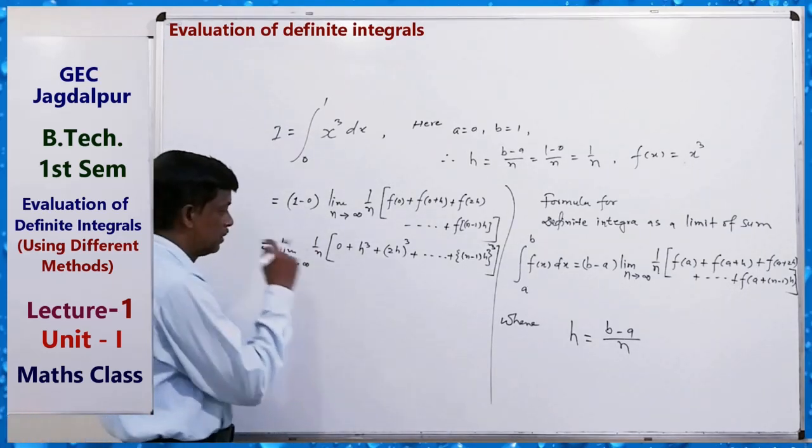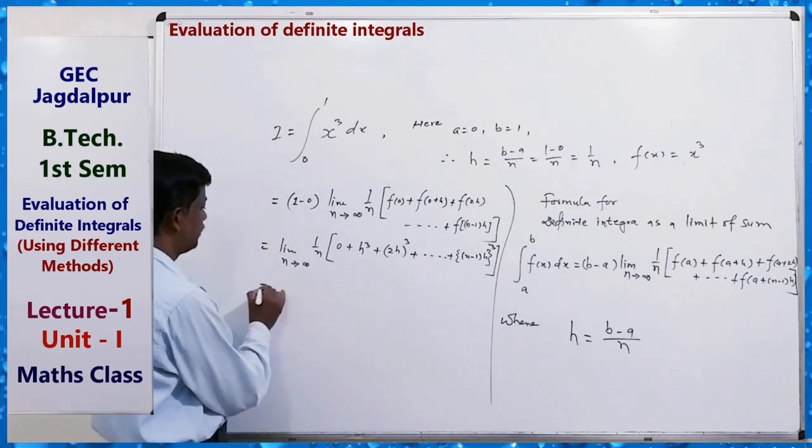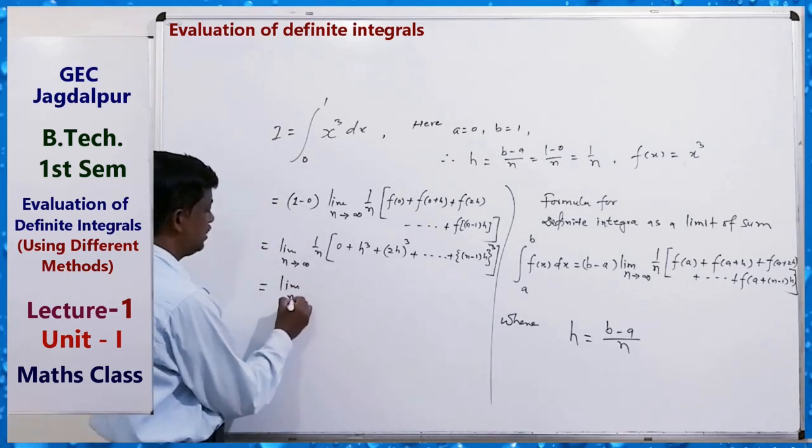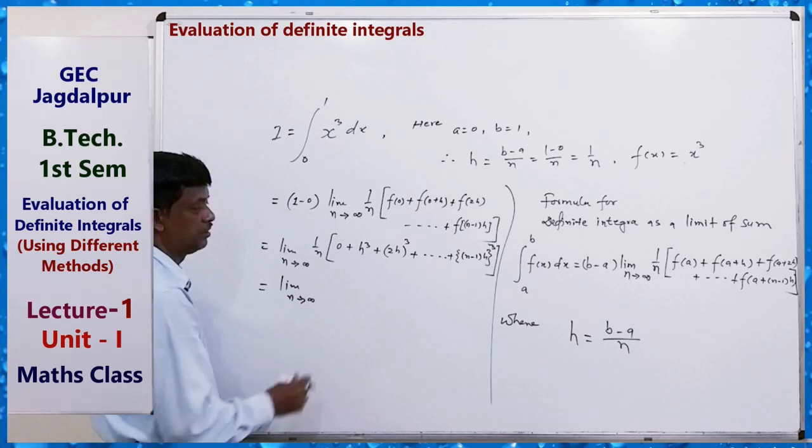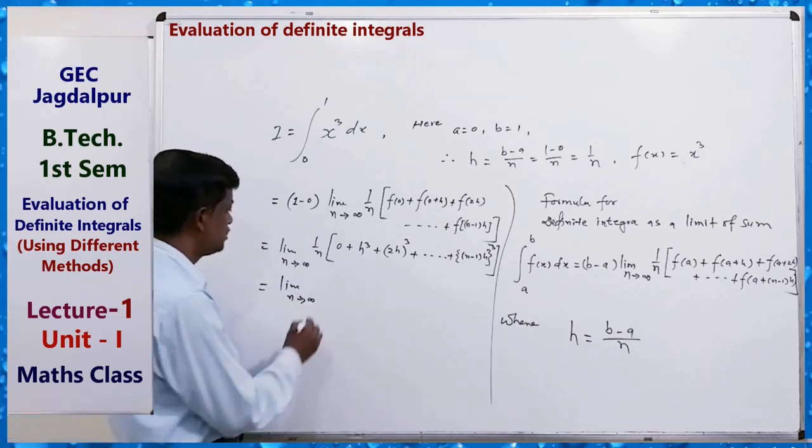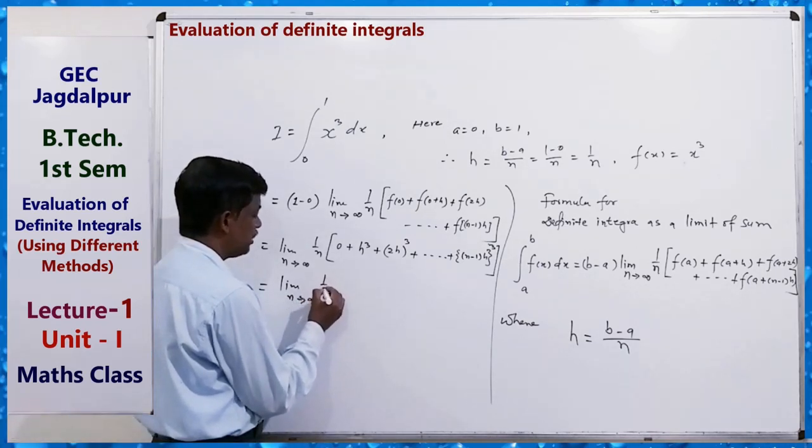Now here we see the limit n tending to infinity. Clear? So, 1 by n.